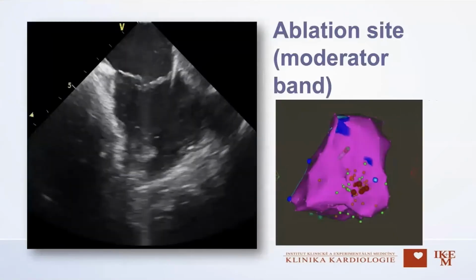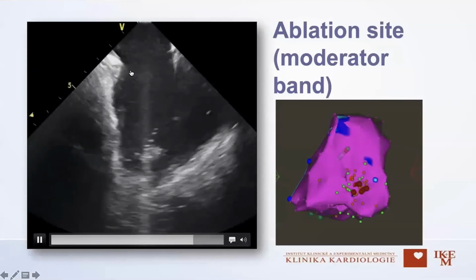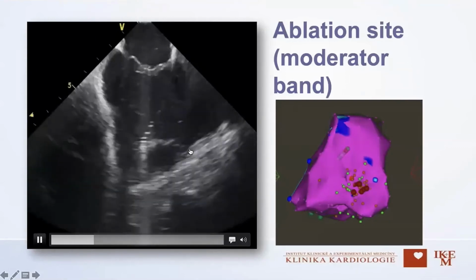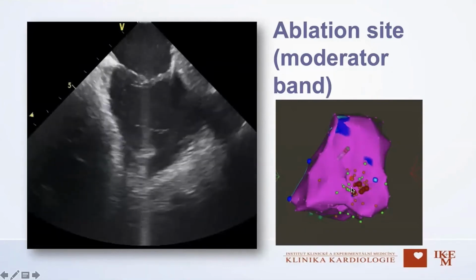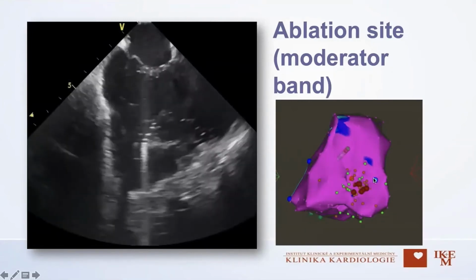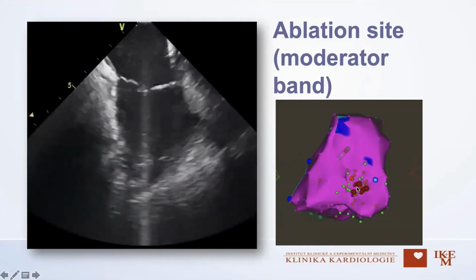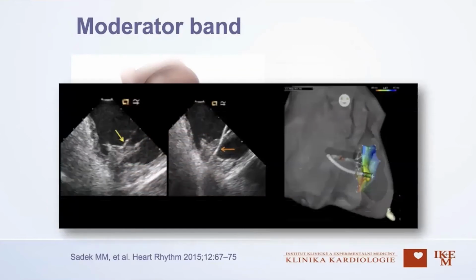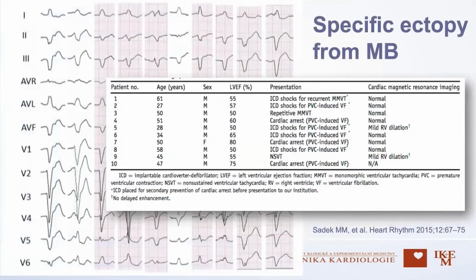So it's a moderator band ectopy typically. And here you see on ICE, again from right atrium, this is a moderator band. And you see here that there is a conduction system coming to this area, and you can ablate successfully under visual control. Another anatomical picture, and this is from the UPenn group, again showing that with the ICE you can really go around this structure, moderator band, and you can ablate successfully.